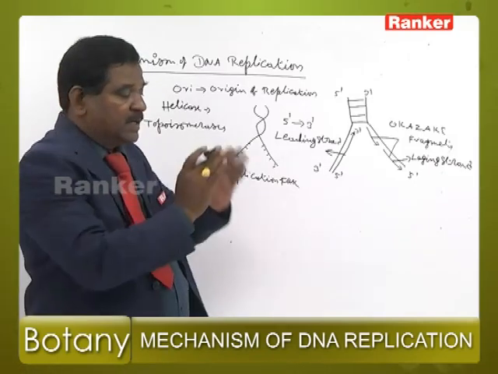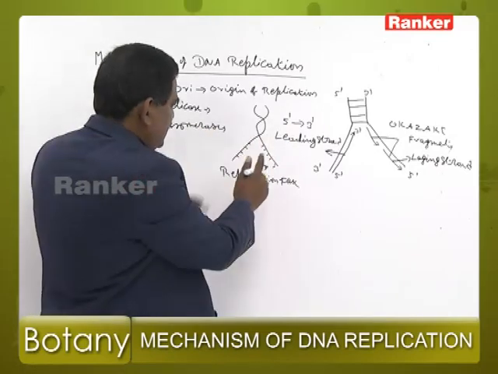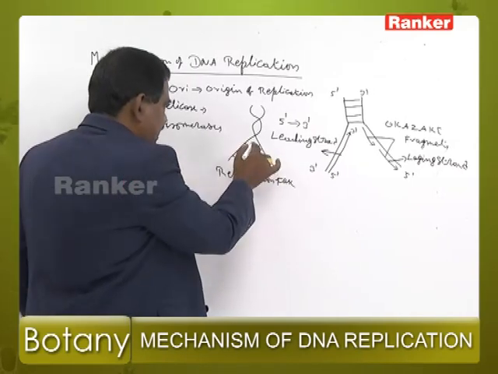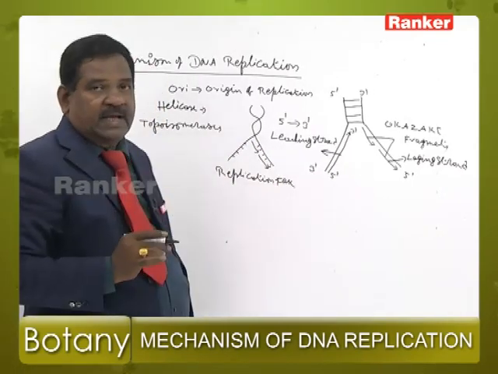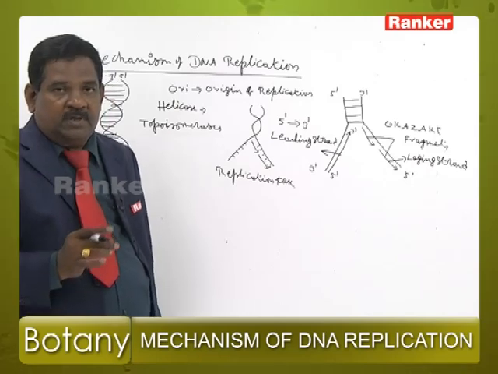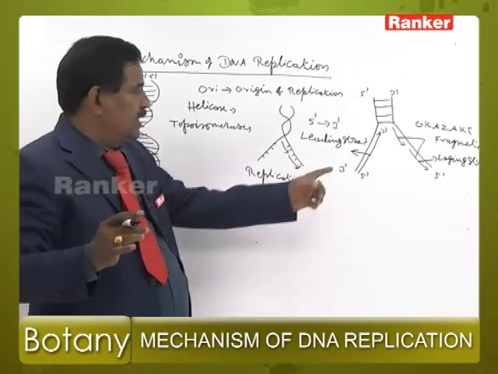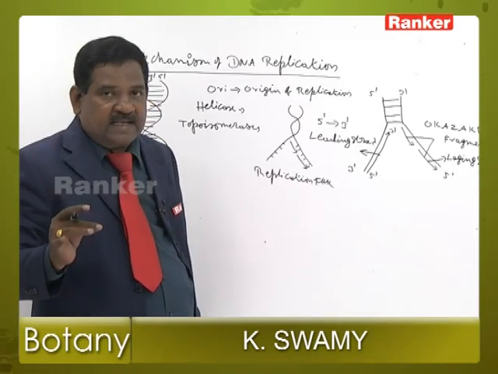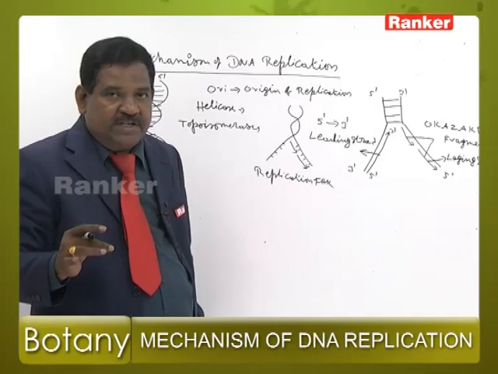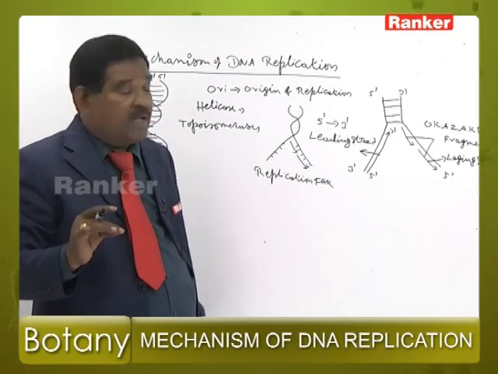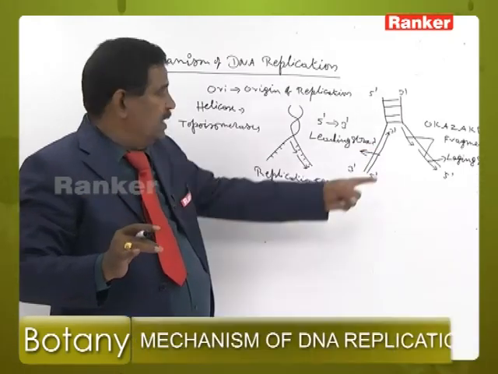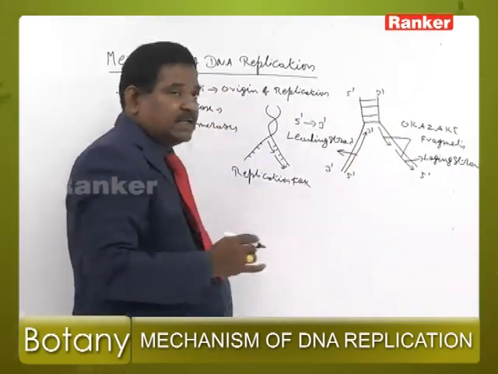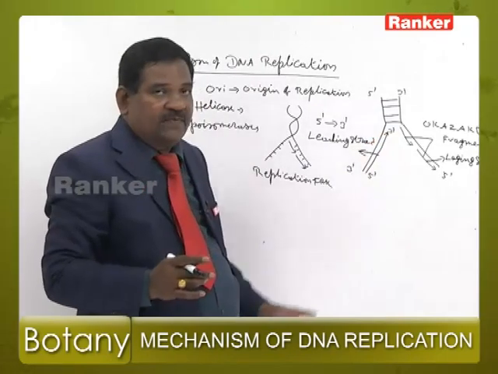Fragments means that when some part separates, one fragment is formed. Again it separates, and another fragment is formed. So it is formed discontinuously, and that is called the lagging strand. The lagging strand is the discontinuous synthesis, the leading strand is the continuous synthesis. Those fragments formed on the 5' to 3' template strand are called Okazaki fragments.